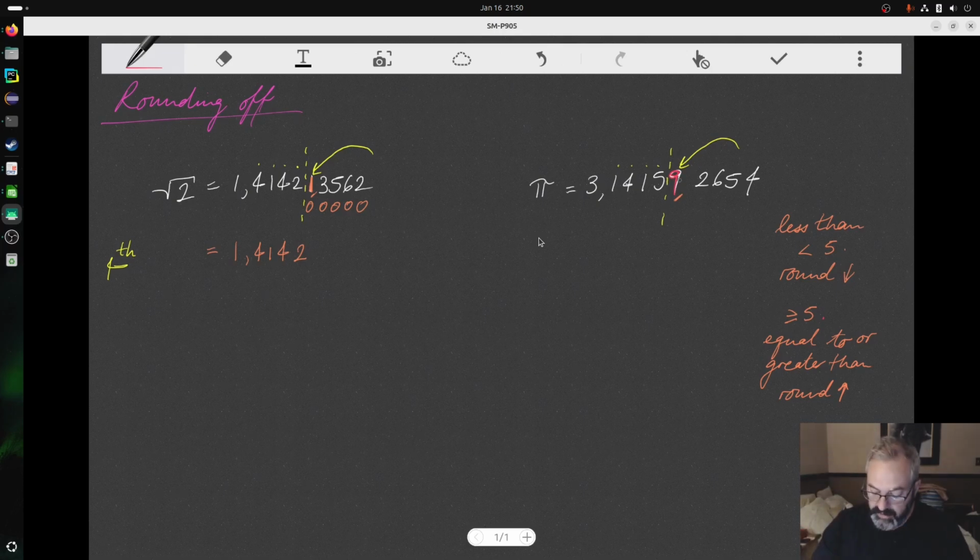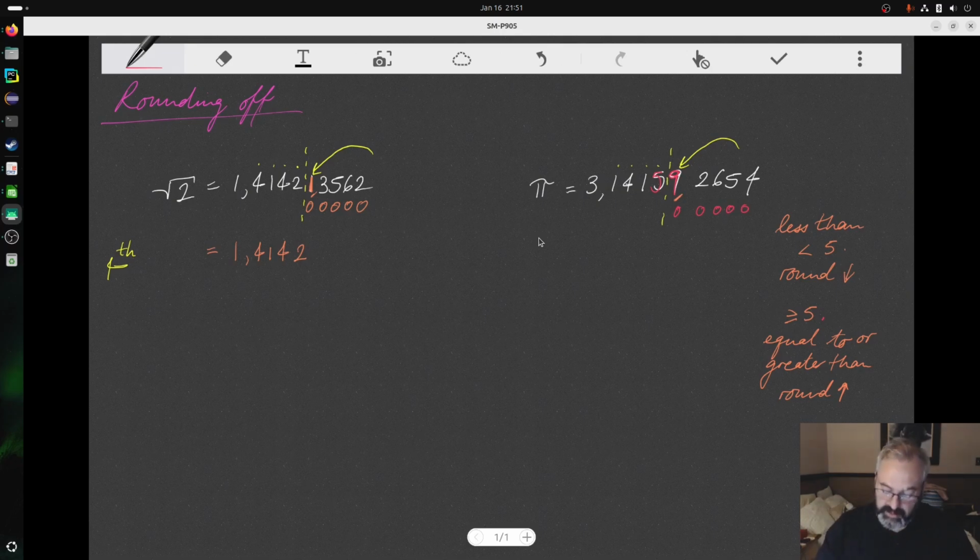So our number is 9, which means we are greater than 5. And if we round upwards, the 5, this number that's to the left of my imaginary line, goes up to the next number, which is then 6. And the rest become zeros. Okay, so that's what happens when we round upwards.